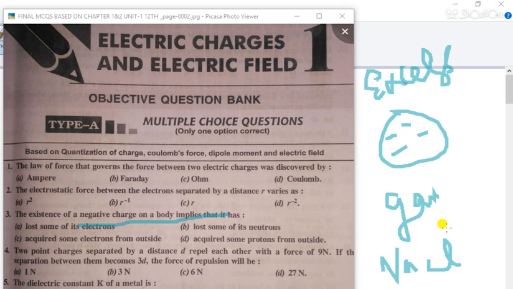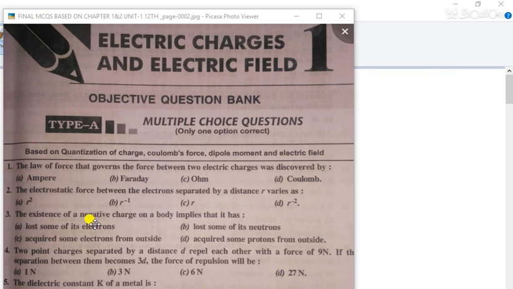Here Cl is negative, and the negative charge means it has gained an electron from sodium. So by using this concept, we can say the existence of negative charge on a body means it has acquired some electrons from outside. That means it has gained some electrons.